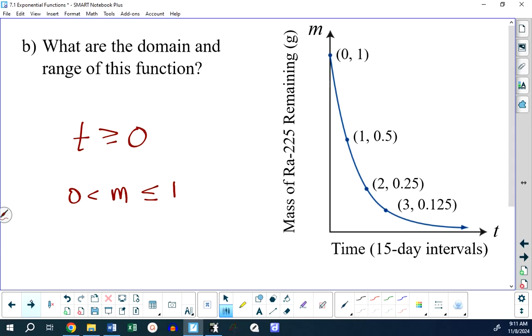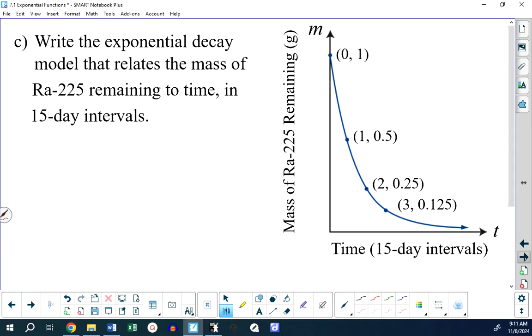All right. Write the exponential decay equation. That's it. That's all. If we wanted to construct a graph where t was actually the number of days, that's different, okay? And the only reason this works is we happen to have 1 gram to begin with.